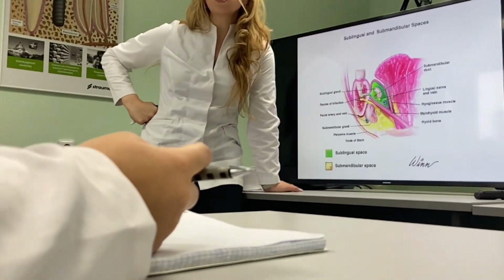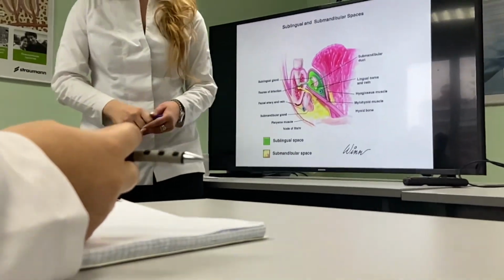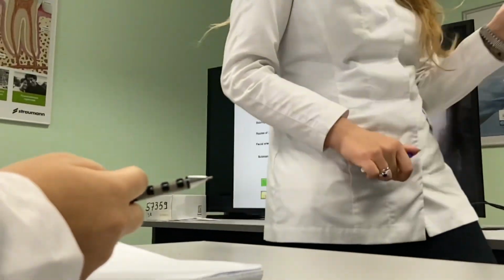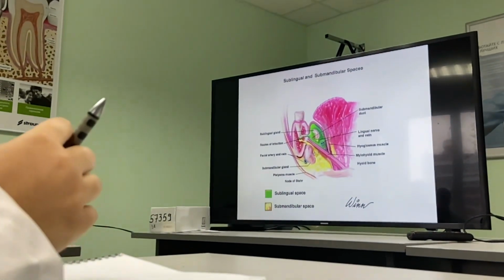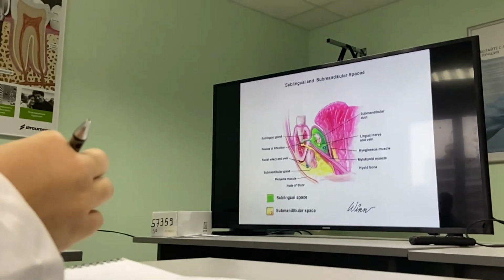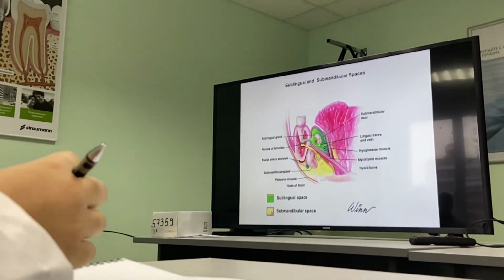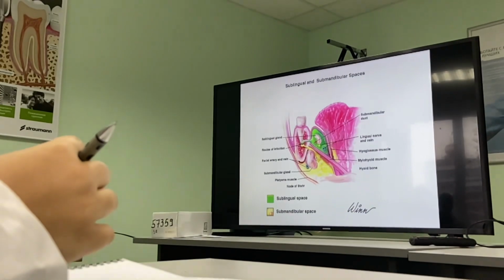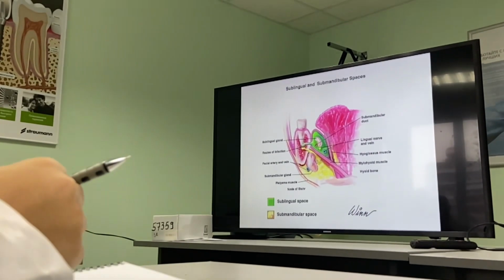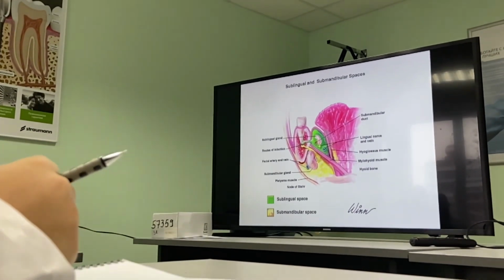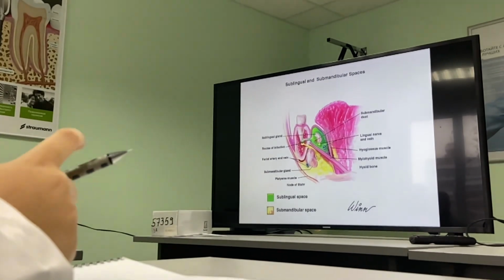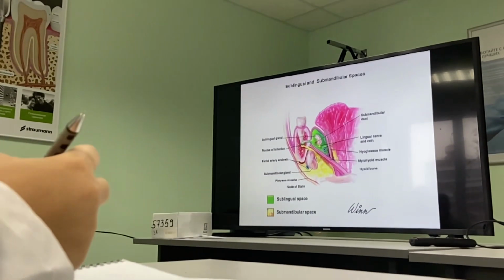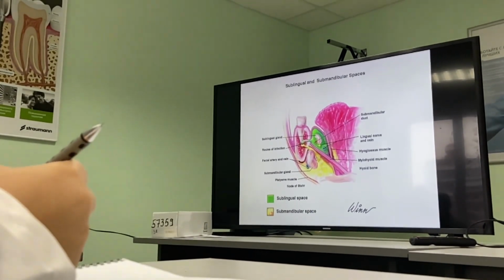You remember when we discussed the maxillary or the salivary gland diseases or disorders. You remember that we have acute sialadenitis, chronic sialadenitis. These two salivary glands are localized in the same areas, in sublingual areas and submandibular areas.